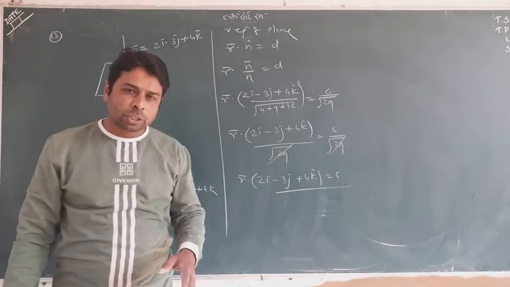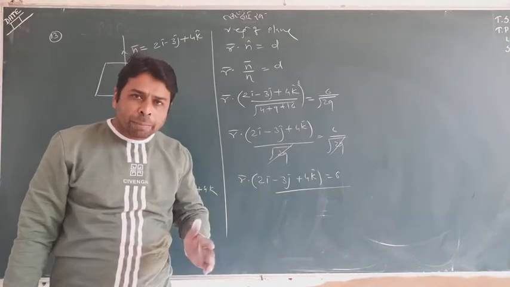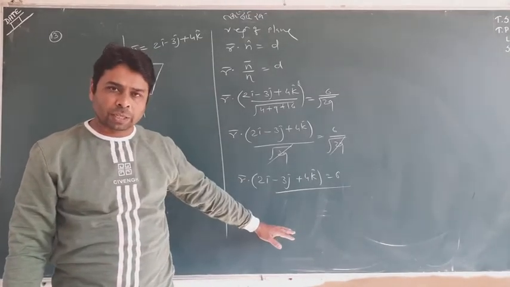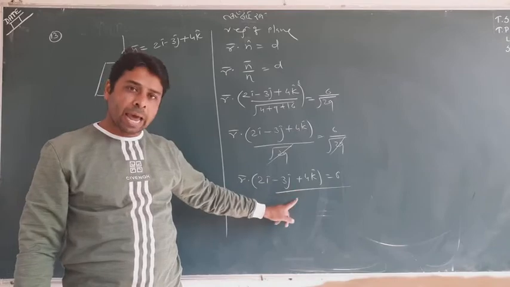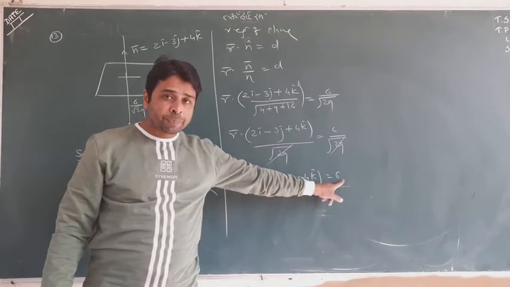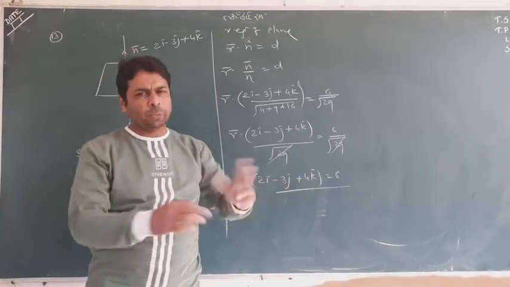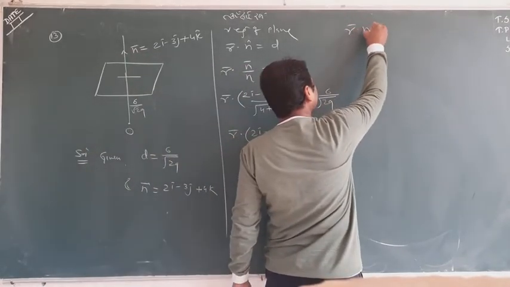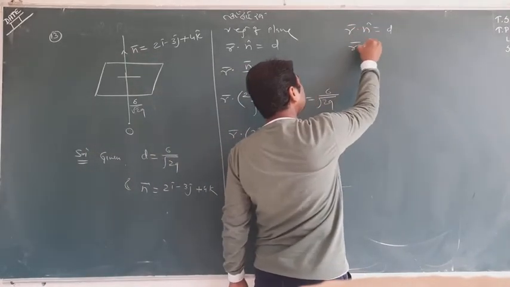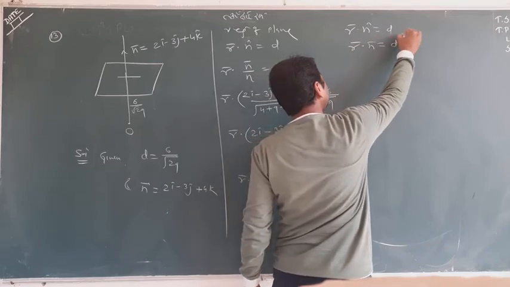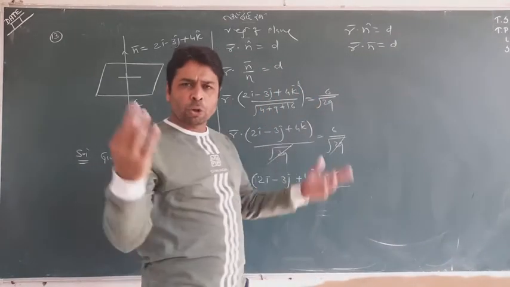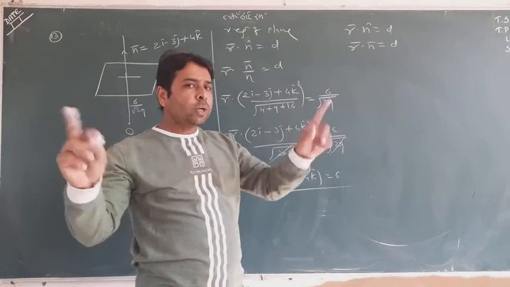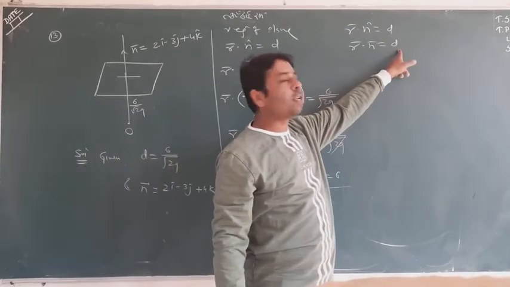Now try to see and make the habit of seeing what kind of answer this is. R dot n equal to d dash. Whatever you say, I tell you one thing: r dot n cap equal to d, and r dot n equal to I wrote d dash. If I write d also, it is correct. But don't get confused that these two d are different.